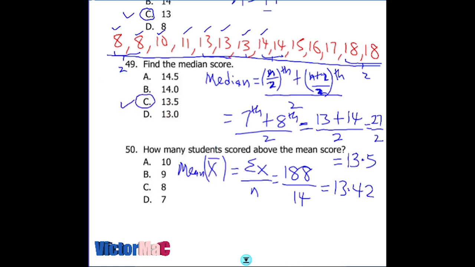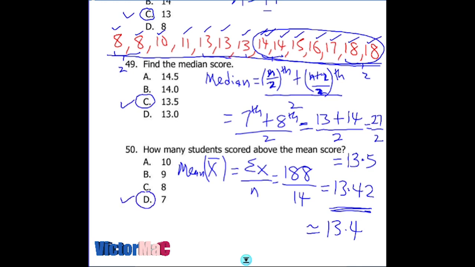All right, we are asked to find how many students scored above this mean score, which we can simply write in one decimal place. How many students scored above 13.4? Definitely that's this set of students with these scores. So let's count 1, 2, 3, 4, 5, 6, 7. So option D is the answer. 7 students scored above the mean score.